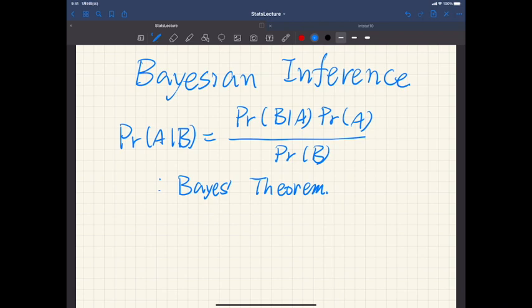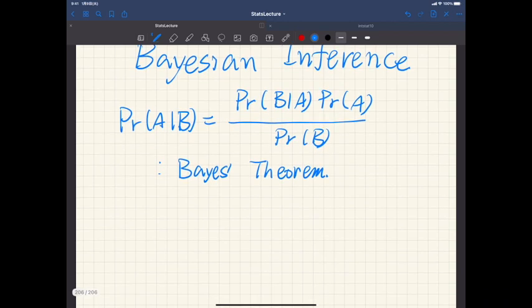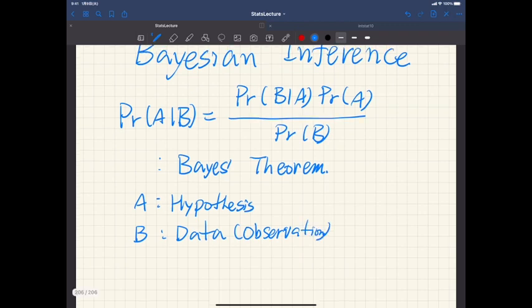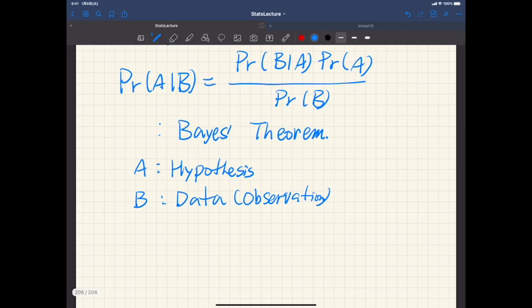What we want to do here is a kind of hypothesis testing. So let's say A is our hypothesis and B is the data or observation. Based on the data, we want to calculate the probability that the hypothesis is true.